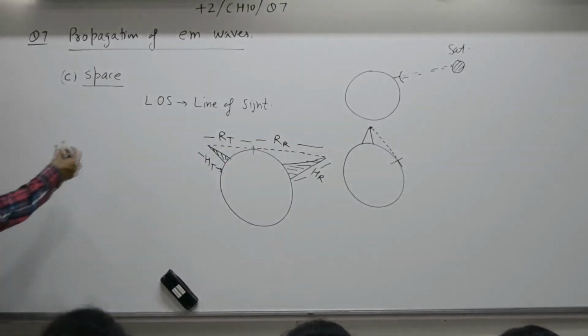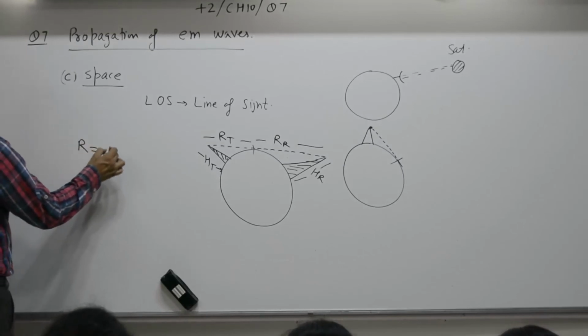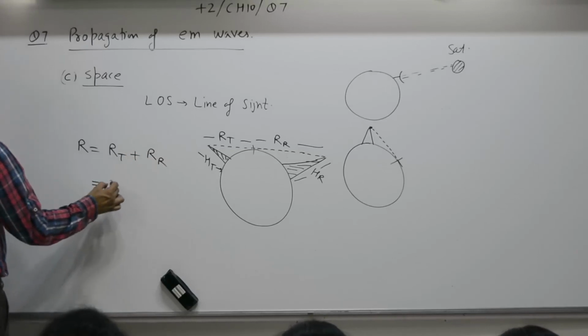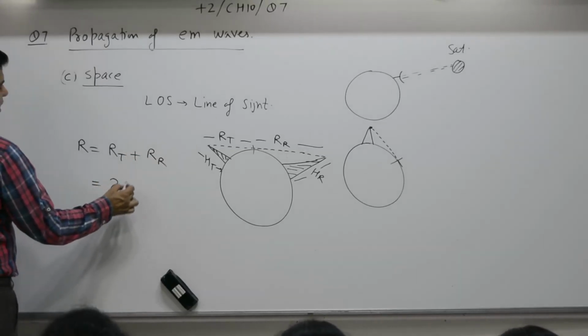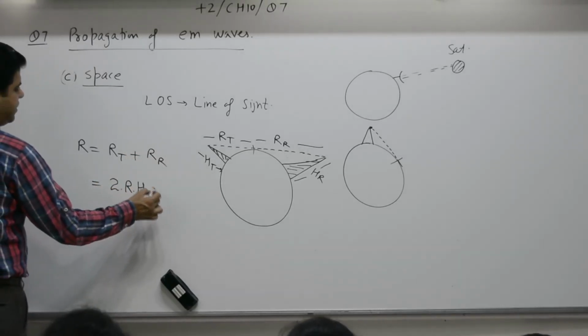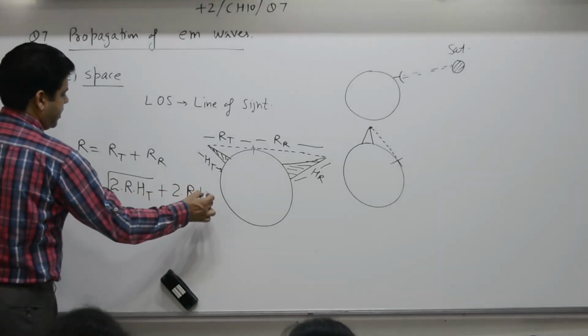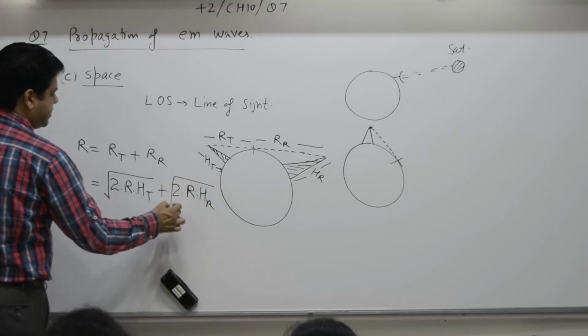Formula: total distance R is equal to the range of the transmitter plus the range of the receiver. The formula is square root of 2 times R times the height of the transmitter, plus square root of 2 times R times the height of the receiver.